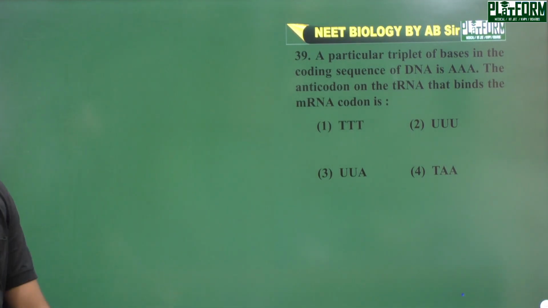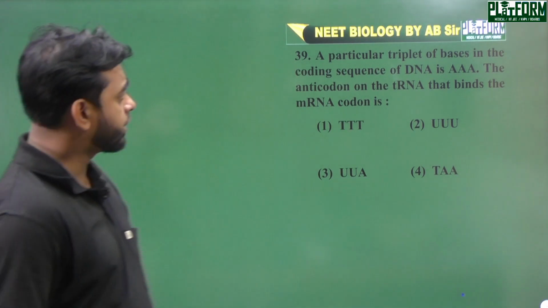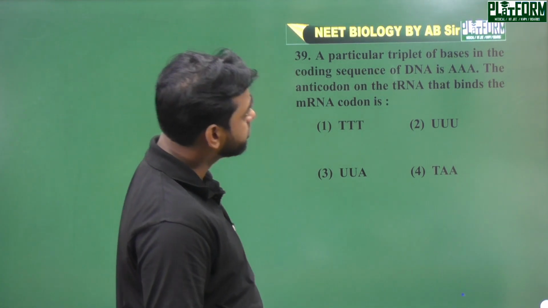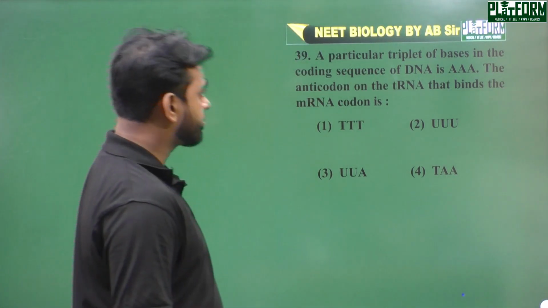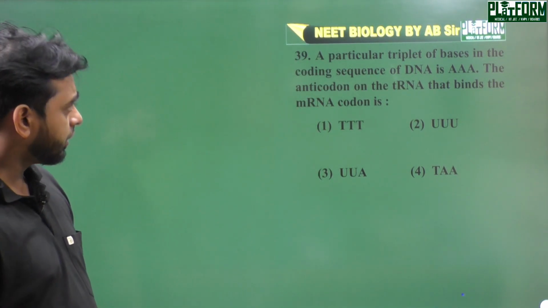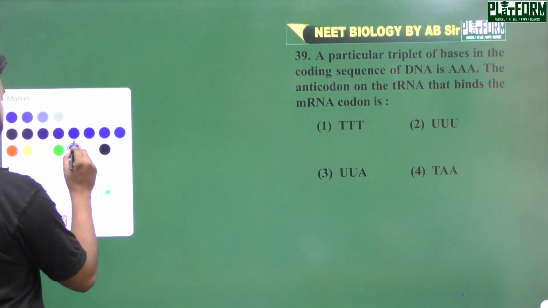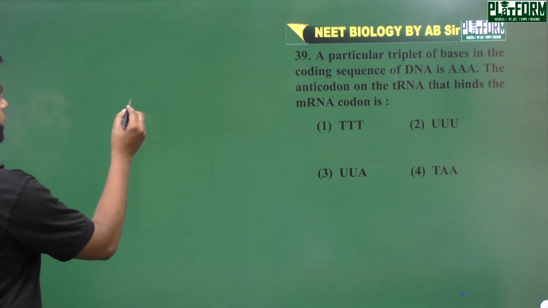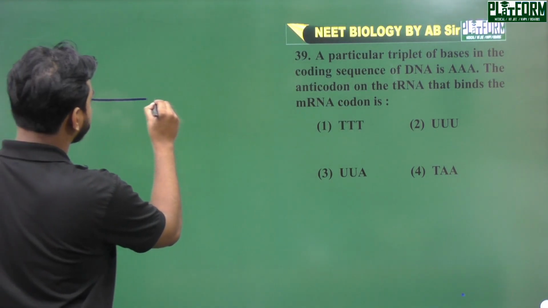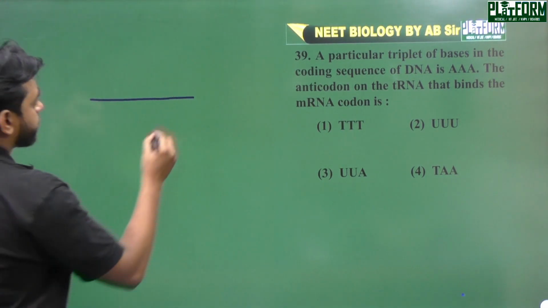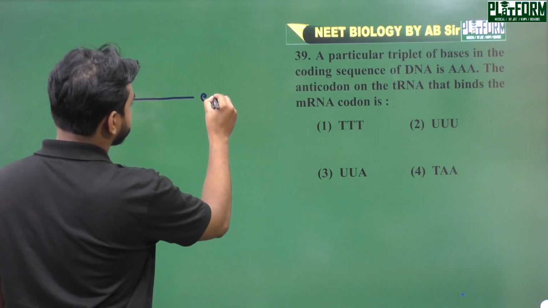And here it is given that a particular template of bases in a coding sequence of the DNA is AAA. So let us assume this one is a coding sequence.